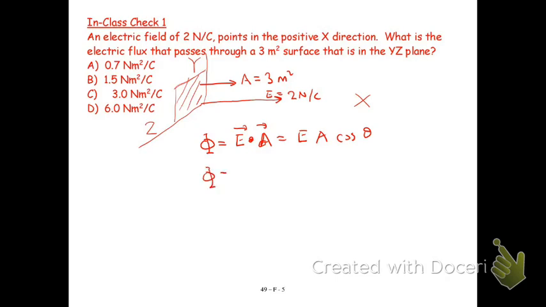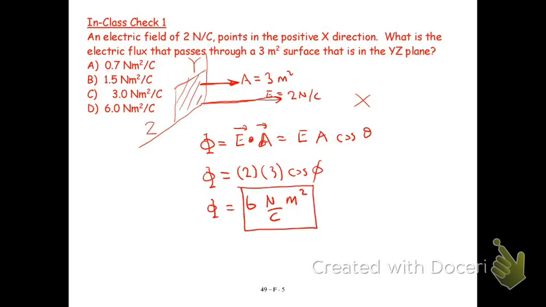So my flux is equal to E, well, magnitude of E is 2, and the magnitude of my area is 3, and the cosine of the angle between them, the angle between that vector and that vector is 0, because they're parallel. So my flux is equal to 6 newtons per coulomb, there's my E, multiplied by meters squared, there's my A. So that's not bad. That worked out okay.